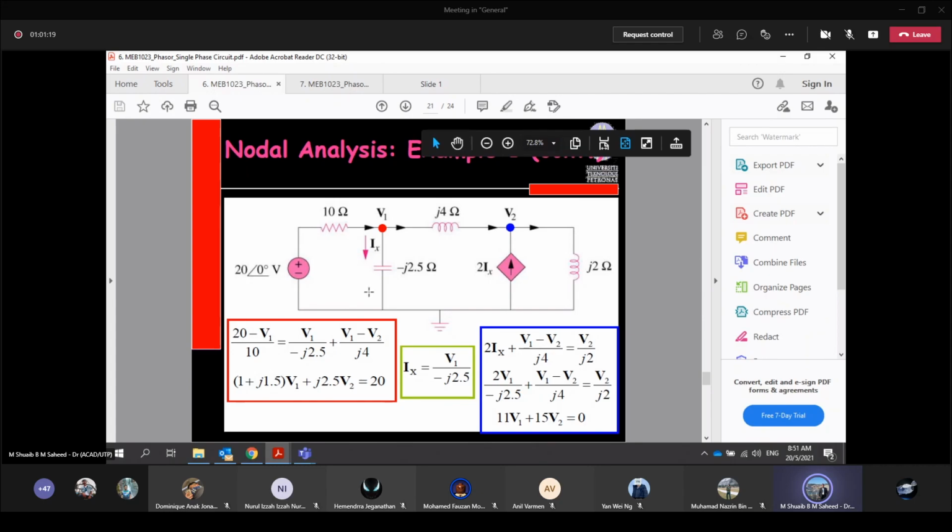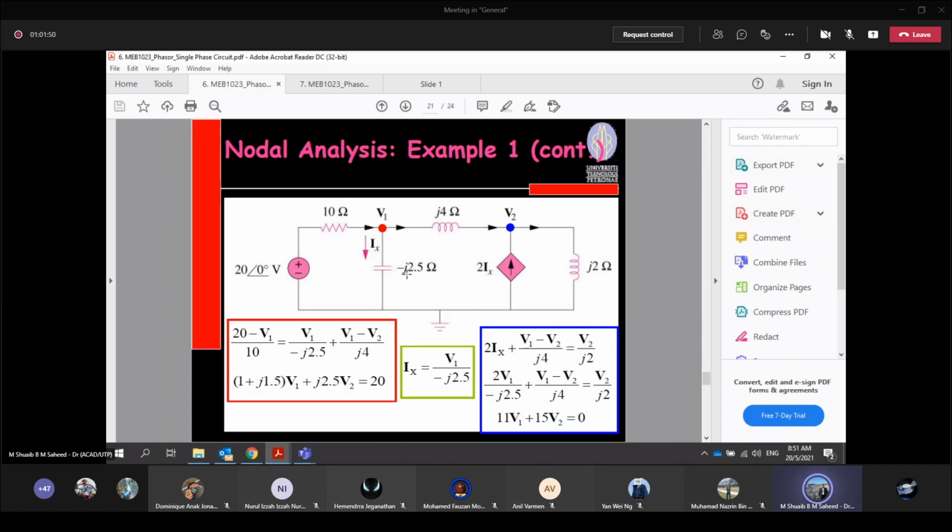So I1 equals Ix plus I2. What is I1? 20 angle 0 degrees minus V1 over 10 ohm. What is my Ix? V1 over negative j2.5.